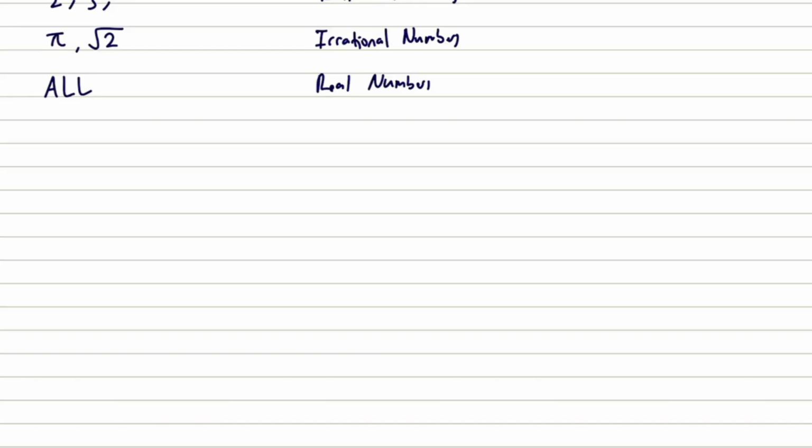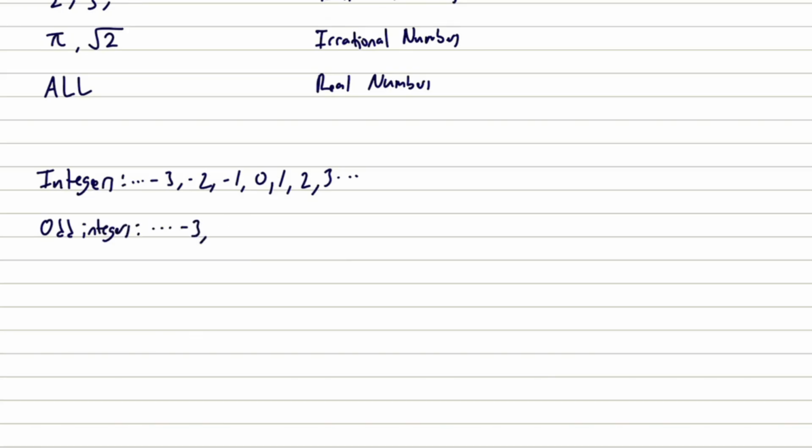Like if we had the integers, which goes infinitely in both directions, we could technically take the odd integers only as a subset. So if we take the odd integers only, -3, -1, 1, and 3. We'll go infinitely, so you had like 5 and 7 and so on.